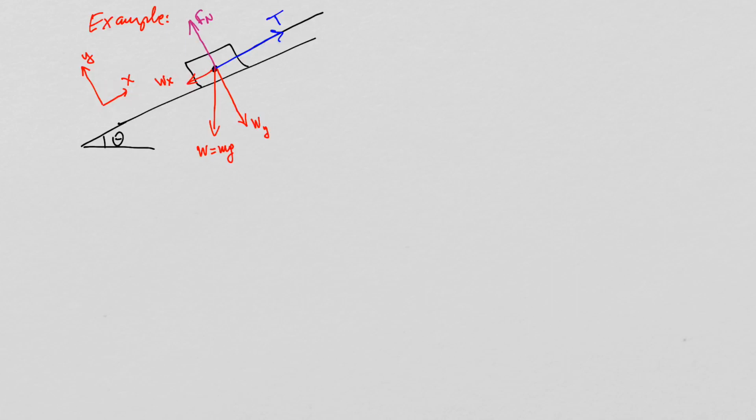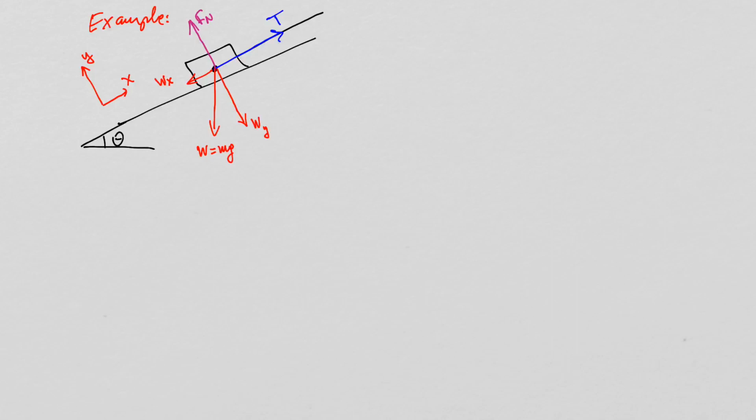So the block is under the action of the tension force and the x component of the weight of the block. This is along the x-axis. So those two forces will add up to give us the net force x component. And then the y component of the weight and the normal force combine to give us the net force y component that acts on the block.